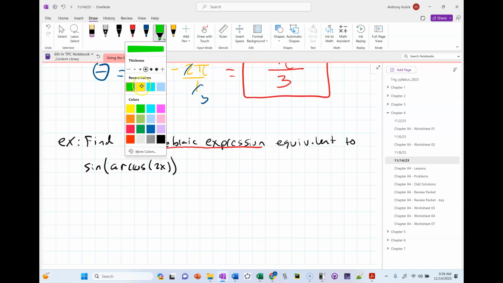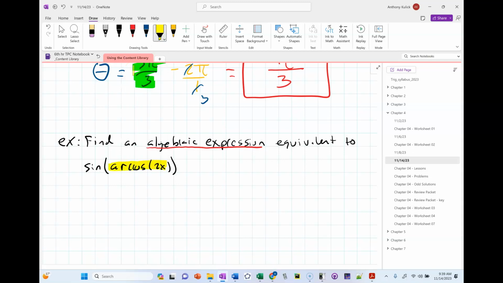So we are going to start this just like we did before. We're going to build from the inside out. But let's think a minute about this. Remember, arc cosine is the same as cosine inverse. When I do a sine inverse, cosine inverse, or tangent inverse of something, what am I getting back?